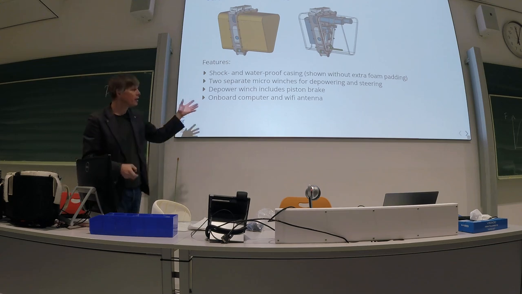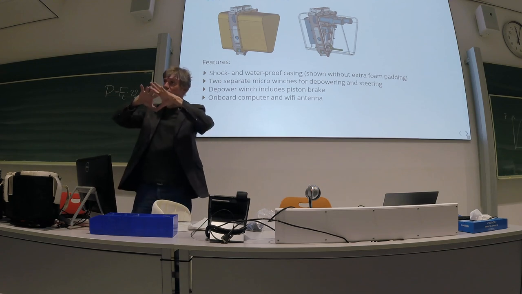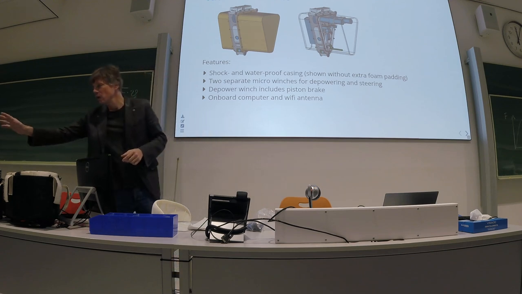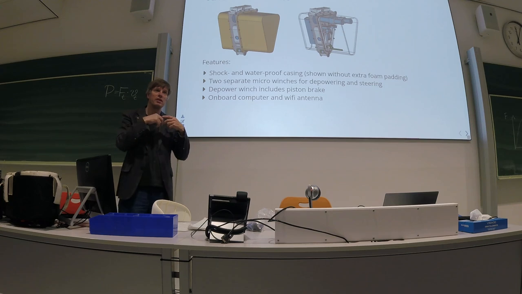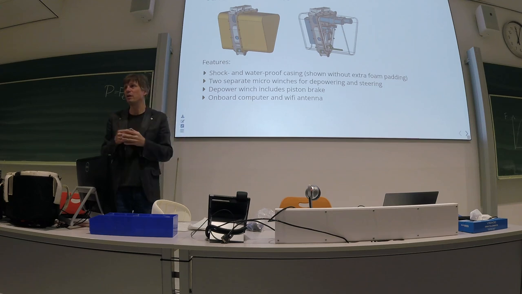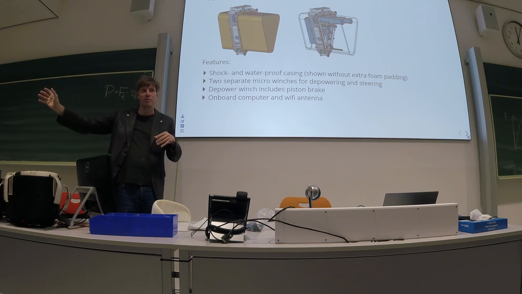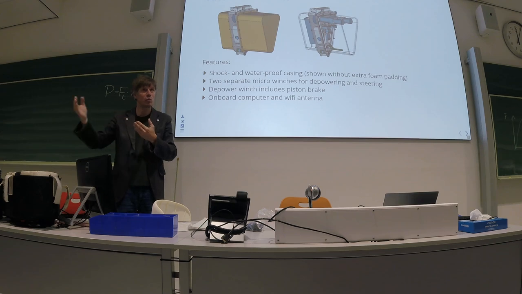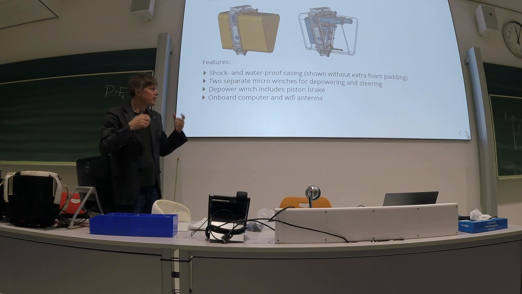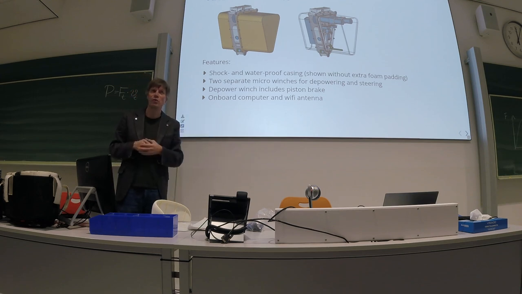We had the plan to have all the intelligence built into the control unit, so also the steering computer and everything, to be able to have many kites in the air and have them communicate with each other wirelessly and synchronize their flight paths.